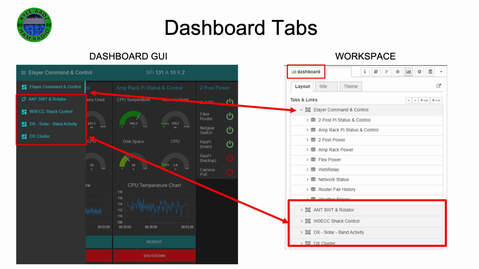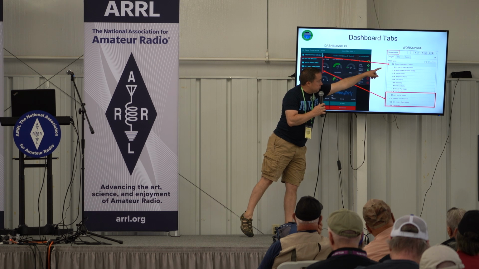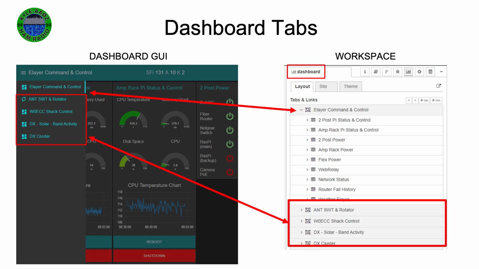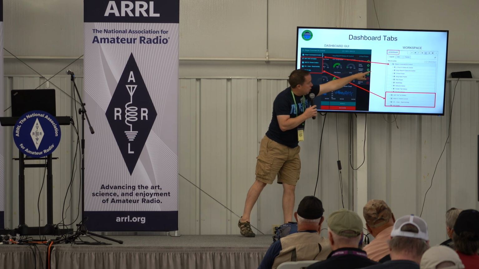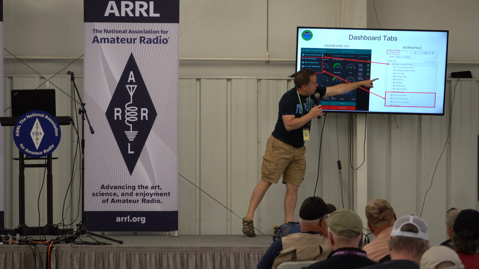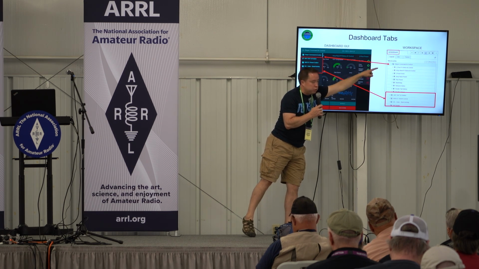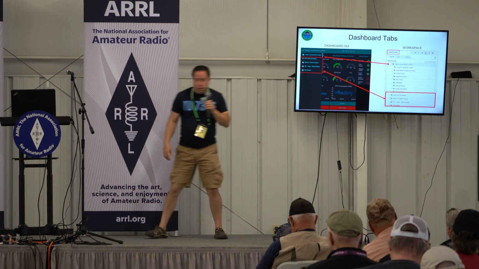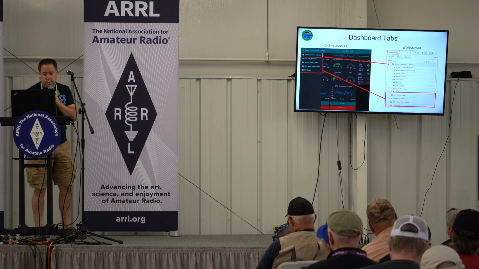Those names match up with the tab names: E-layer command and control, antenna switch, EEC SHAT control, DX solar, DX cluster. They match up here. Under E-layer command and control, I have groups: 2-post Pi, amp rack, 2-post power, amp rack power, flex power, web relay. Those are groups that I've created underneath the tab.